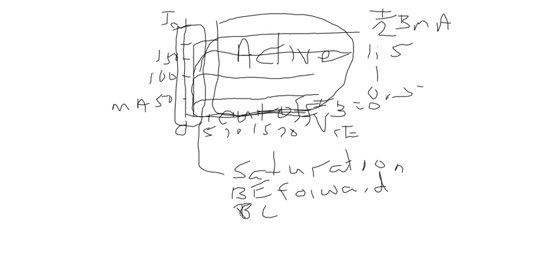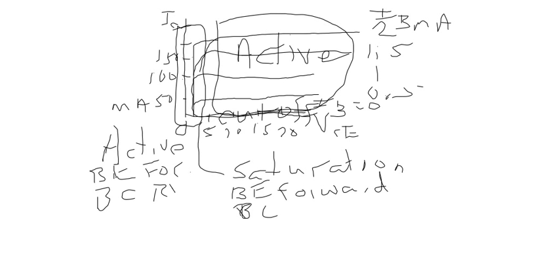Now there actually is a fourth region. In the active region, I think I already said this, the BE junction is forward biased and BC is reverse.